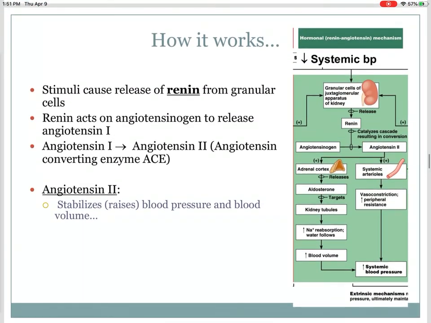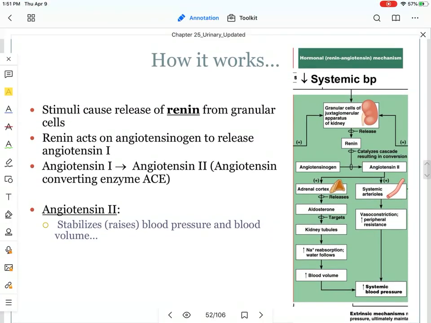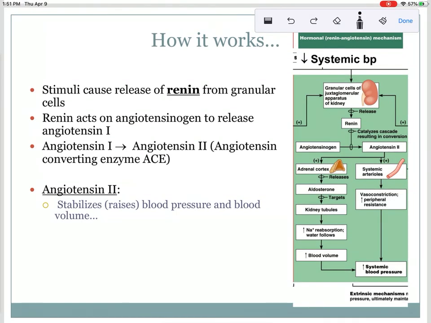This looks very familiar. Maybe you like to look at it in the words on the left part of the screen, or maybe you're more visual and you like to look at the picture. We're talking about a significant drop in systemic blood pressure. Remember, this is only triggered when there's a significant drop in blood pressure.